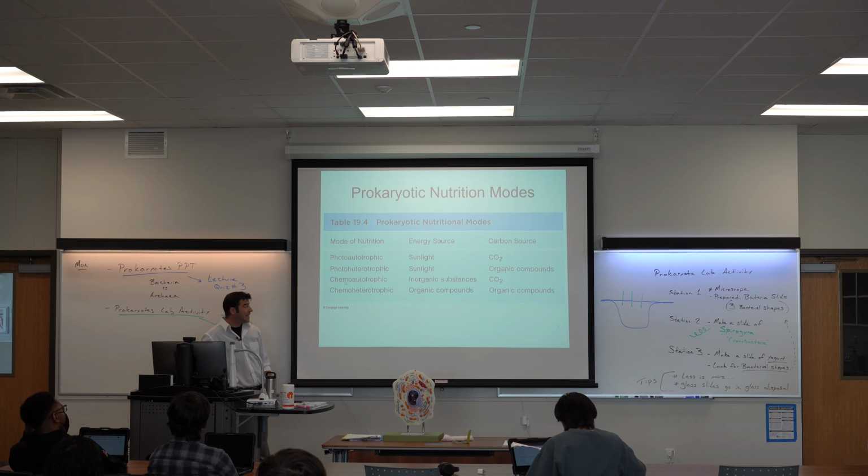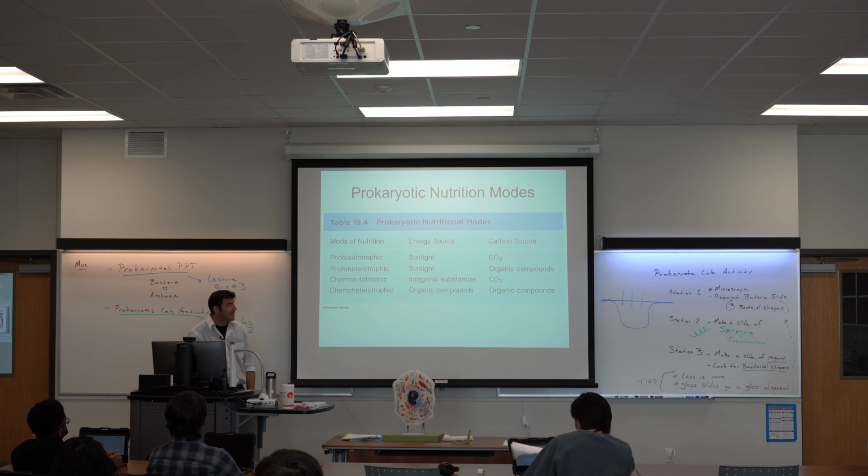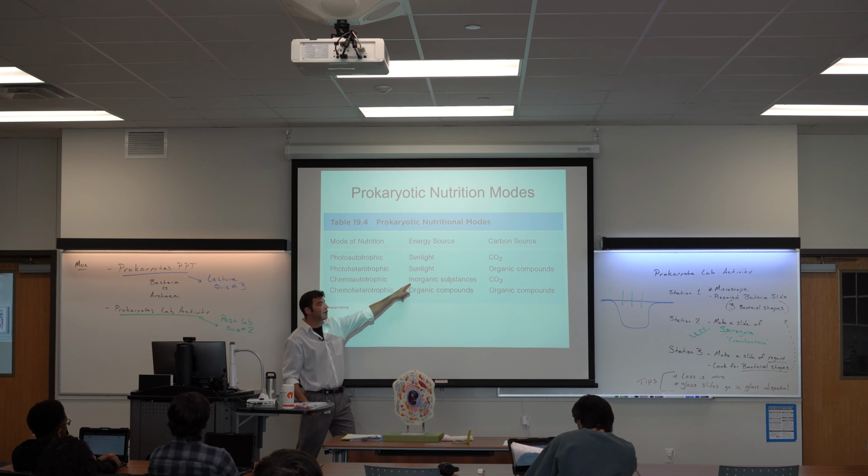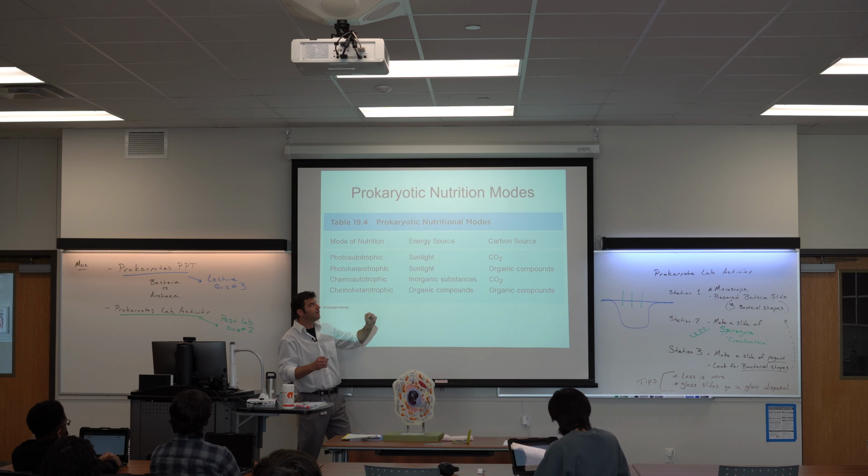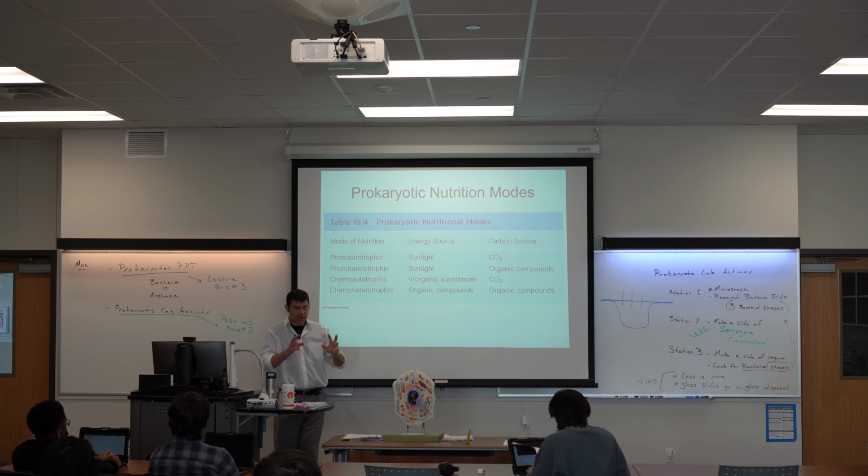But then it gets even more weird when we get down to the next one, chemoautotrophs. Chemoautotrophs do not get their energy from sunlight. Instead, they get it from inorganic substances. I know this is broad, but think of those images of hydrothermal vents at the bottom of the ocean floor.